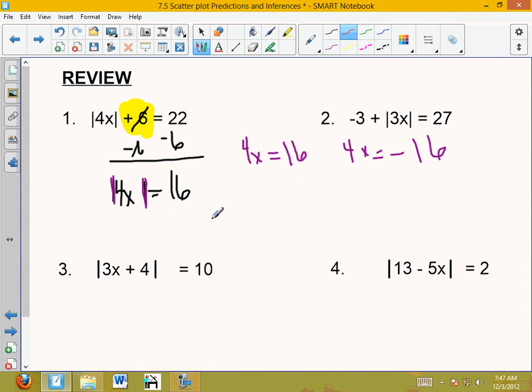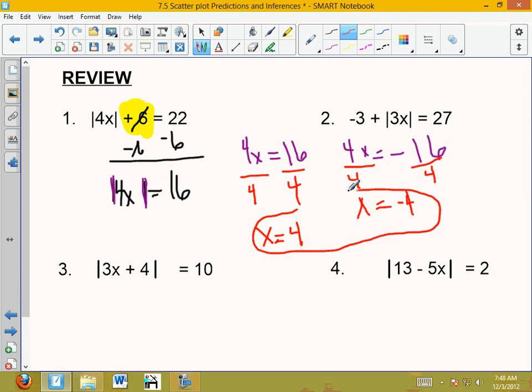Now, I divide both sides by 4. x equals 4. x equals negative 4. Because right here I'm going to divide this by 4. Negative 16 divided by 4 is negative 4. These are your two answers. So when something is outside of your absolute value, you have to get rid of it first before you set it equal to the positive and negative answer.